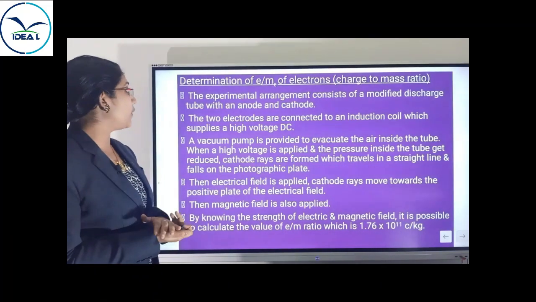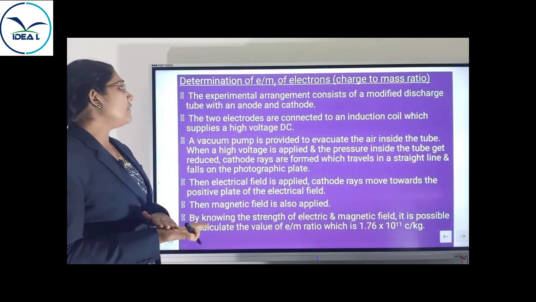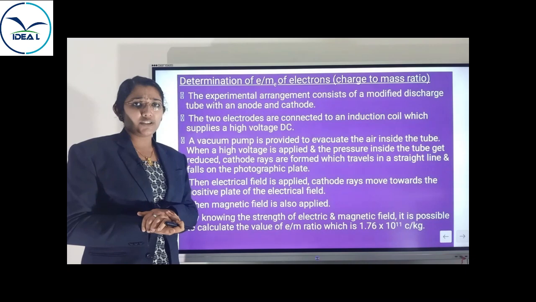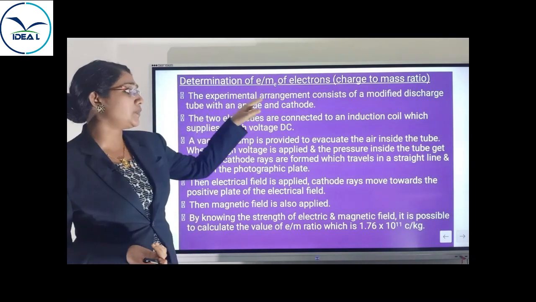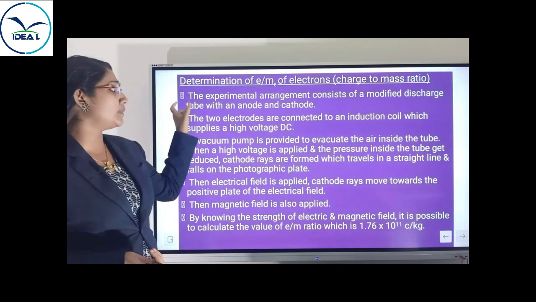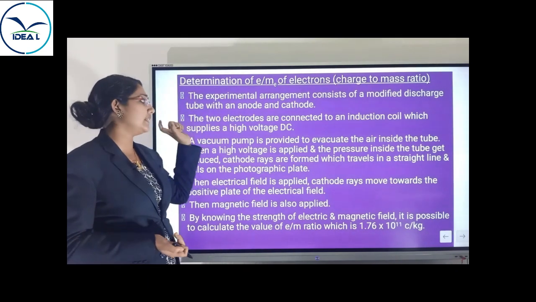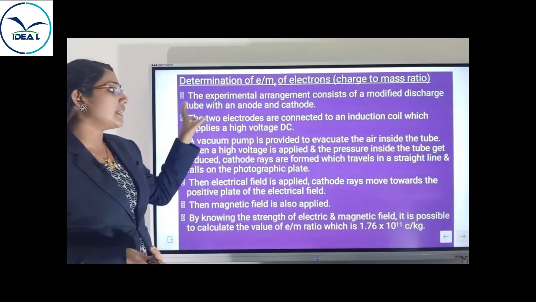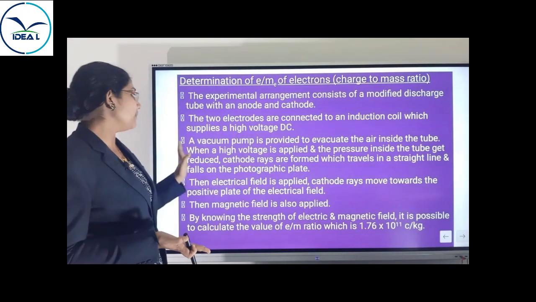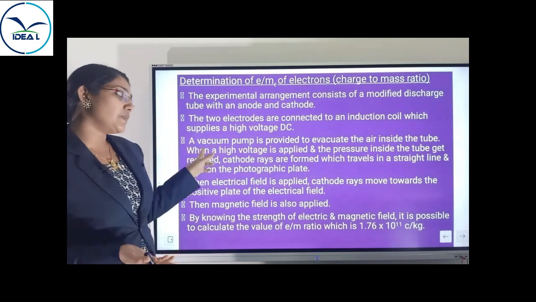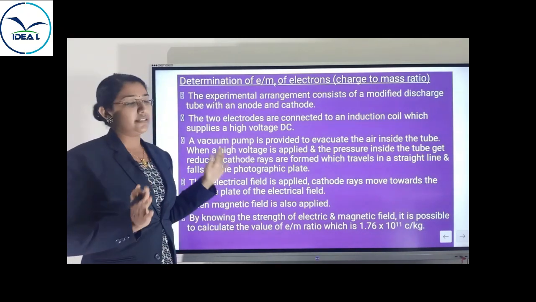We already learned the arrangement of the discharge tube experiment. I repeat, the experimental arrangement consists of a modified discharge tube with an anode and cathode. The two electrodes are connected to an induction coil which supplies a high voltage DC. A vacuum pump is provided to evacuate the air inside the tube.